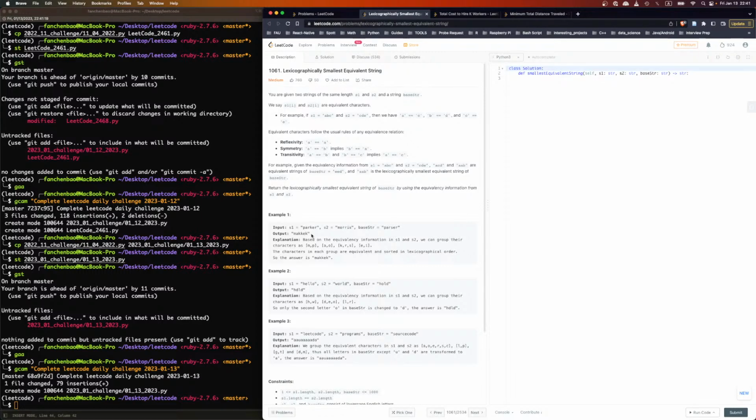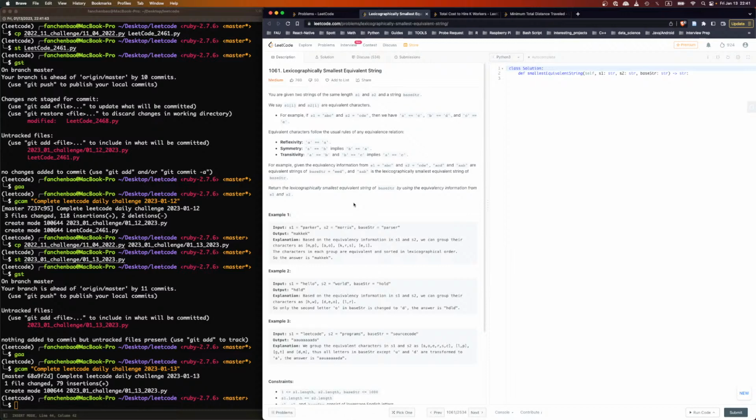So most likely, this is going to be union find because equivalency means they belong to the same union. So in a union, all of these, right? And then we get the union out. And in the union rule, when we find its parent, the parent is going to be the smallest.